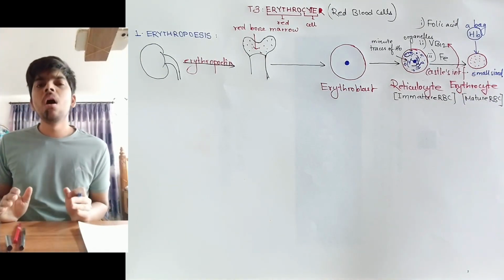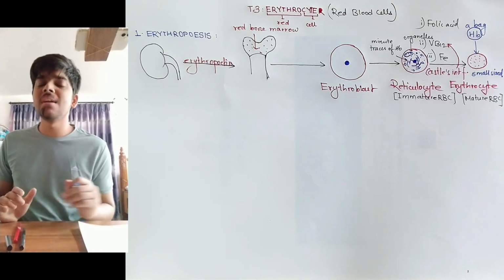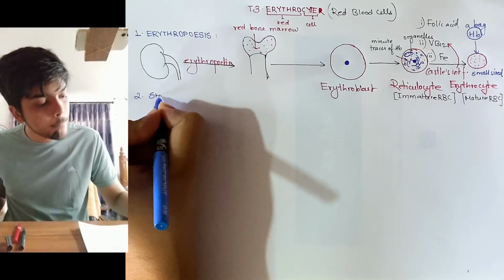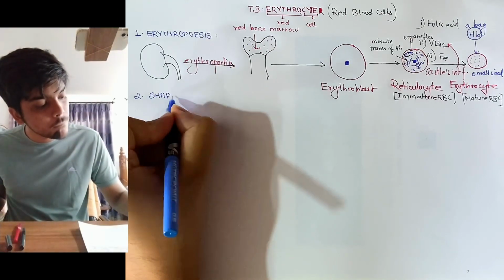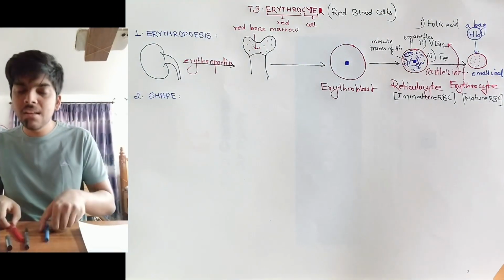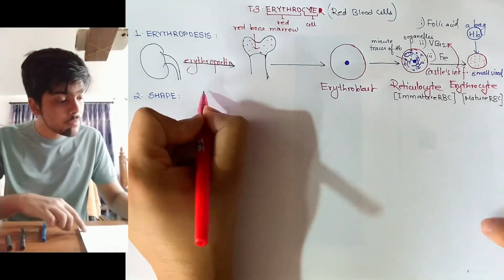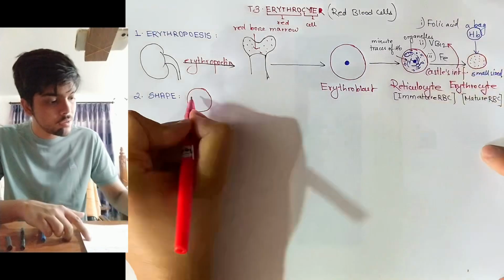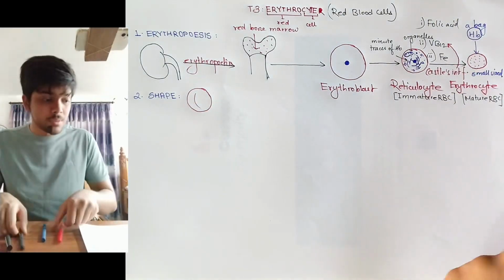But we need to know, what does an erythrocyte look like? This is what it looks like. Shape. When you look at an erythrocyte from the front, so this is the front view of this erythrocyte, it looks something like this.